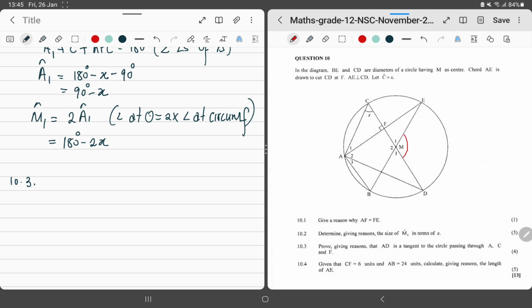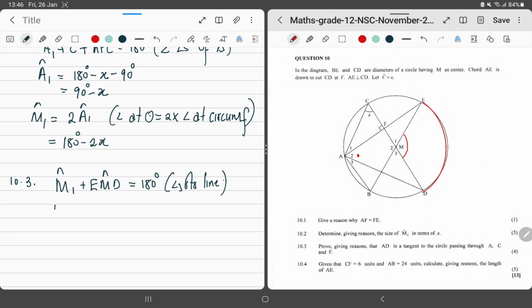This angle right here is 2 times A2 because it is the angle at the center, and A2 is the angle at the circumference, and they are both subtended by arc ED. M1 plus EMD should be equal to 180 degrees, simply because they are angles on a straight line.